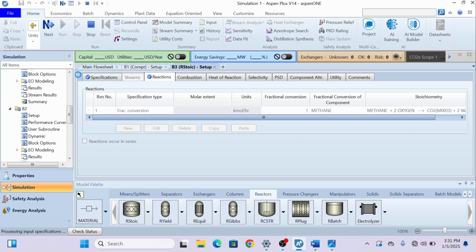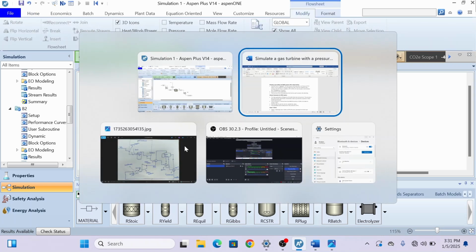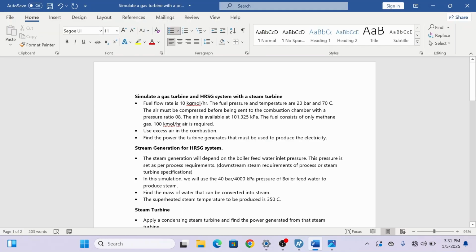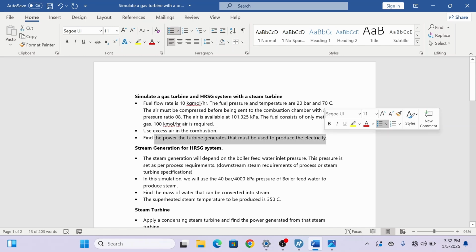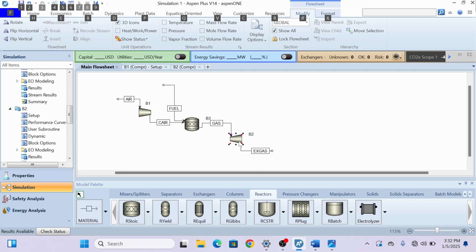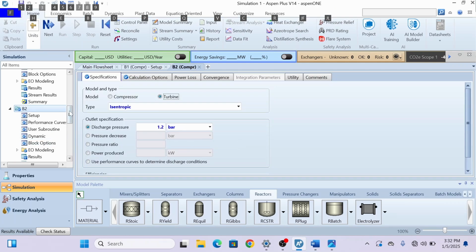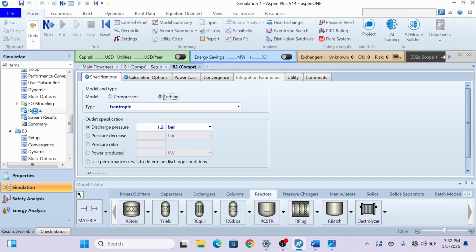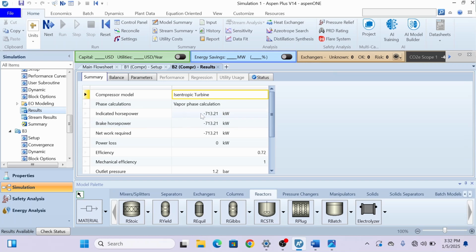So I will press run, and you can see that my results are available. Now what do we have to find? We have to find the excess air present in combustion, and the power that is required. For power, press here, this is our B2, and go to results. Here is the amount of power that this turbine is generating.